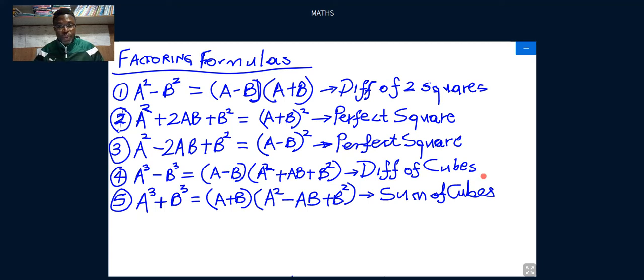I want to do factorization of trinomials. I'm going to show you how trinomials are factorized. So I'm going to make a note here.